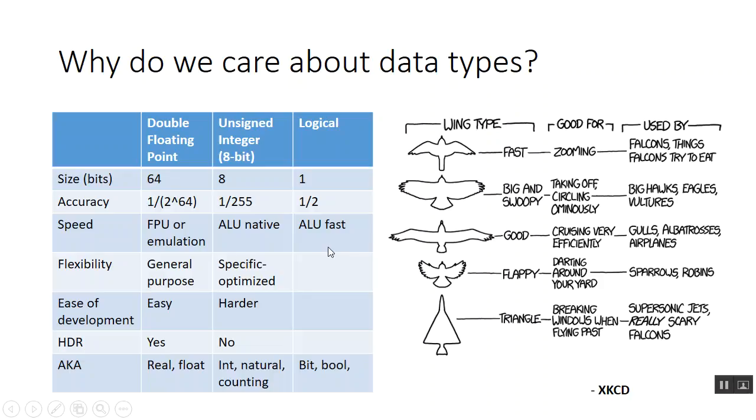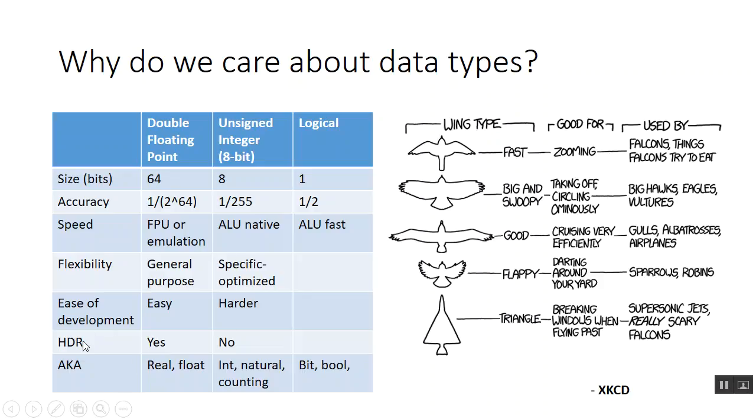And logicals are like the easiest thing in the world for a computer to handle, because that's the simplest kind of logic there is. So the flexibility, though, for a double floating point, it's a general purpose, it represents real numbers. Unsigned integers, you tend to get more specific and more optimized, so that makes development a little harder if you're starting from an unsigned integer point of view. It's an easier place to project into instead of designing.